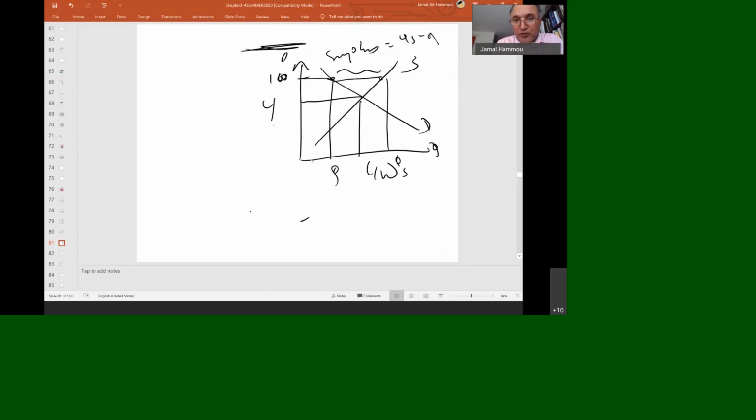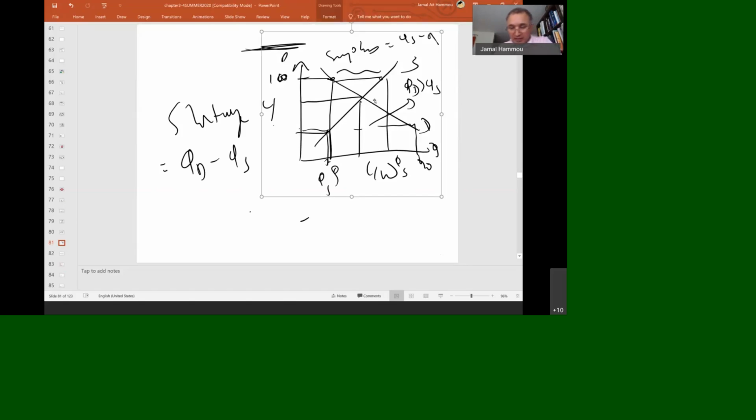And at the price of 2, it's the same thing. This is QS here and QD here. This is a shortage, because QD is greater than QS. A shortage equals QD minus QS. Okay, so what are you trying to do? Economic analysis for all of this.